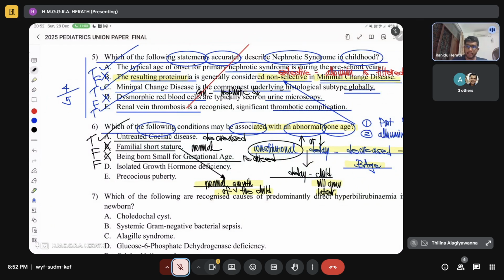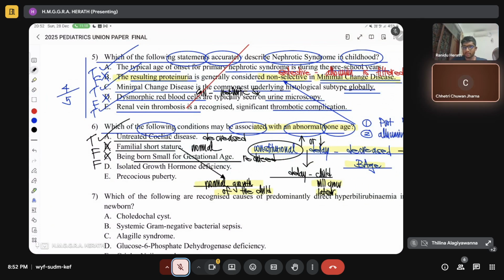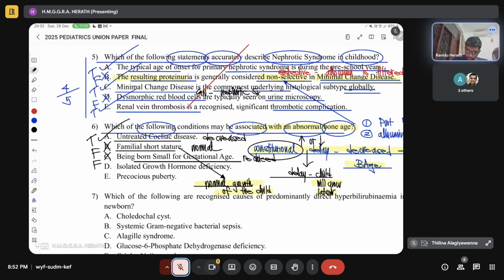So when the child comes out, he will have catch-up growth later on. So the bone age is decreased until the child gets good nutrition. However, later on he will have a normal bone age. So up until he gets nutrition, his bone age is decreased. So it's true, right? The answer? Yeah, it's true.